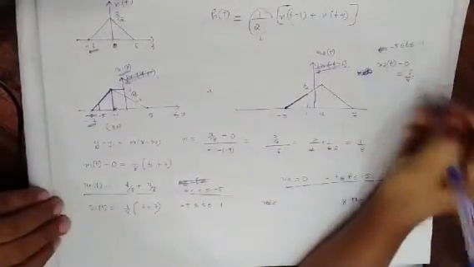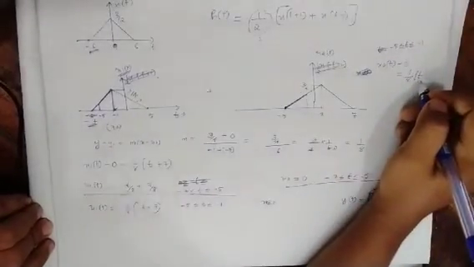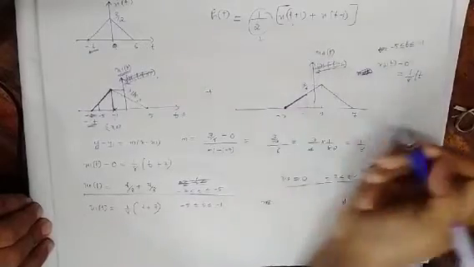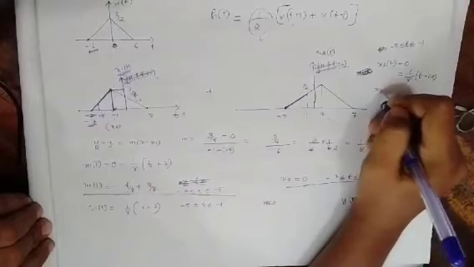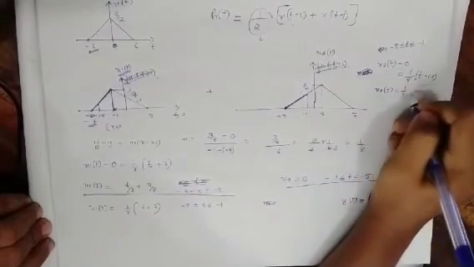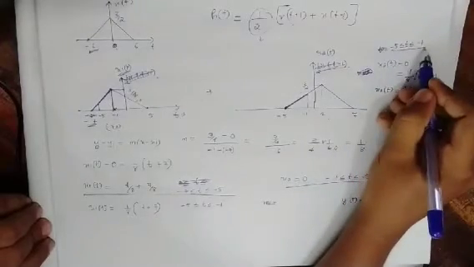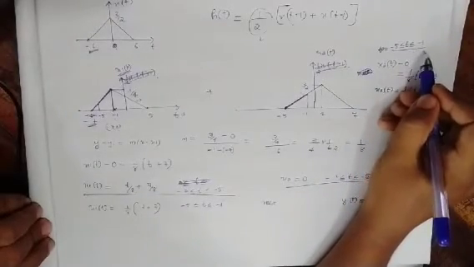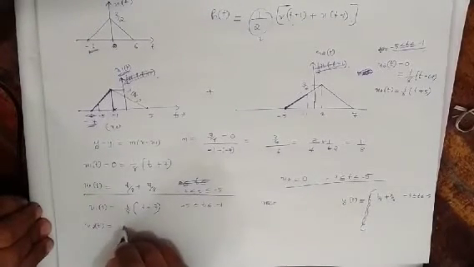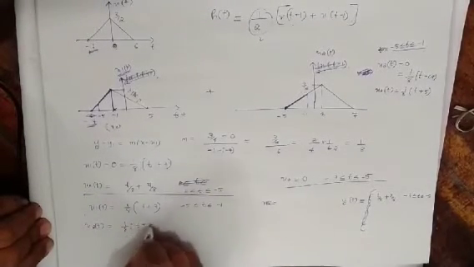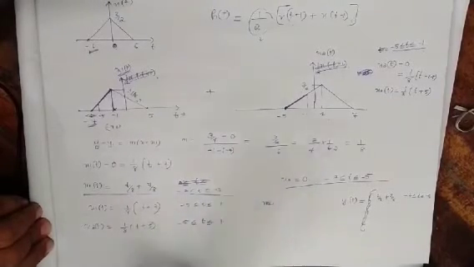So 1 by 8 into t minus x1, and instead of x1 it is minus 5 here, so minus of minus 5. So our x2 of t equal to 1 by 8 into t plus 5 for minus 5 less than or equal to t less than or equal to minus 1. Okay.